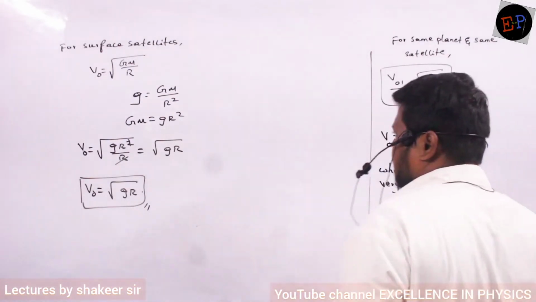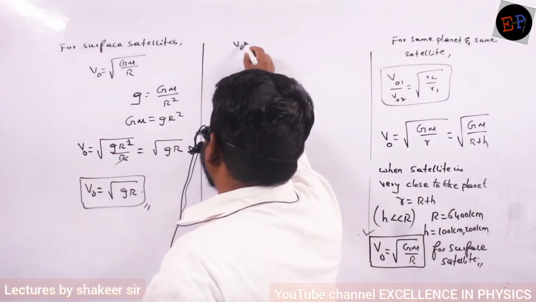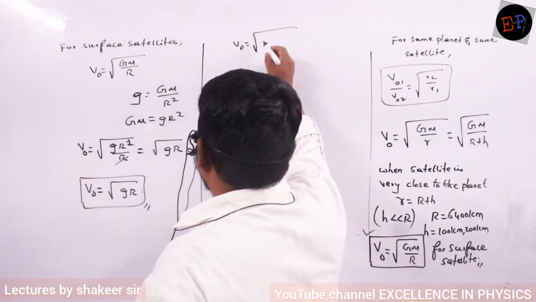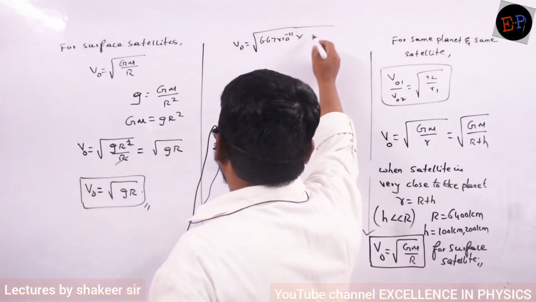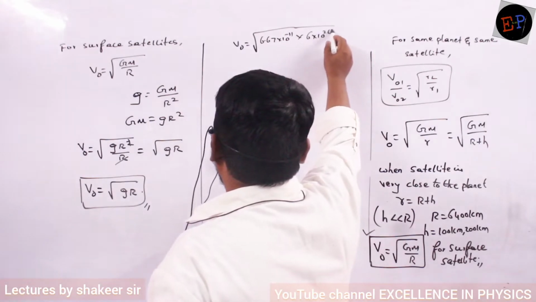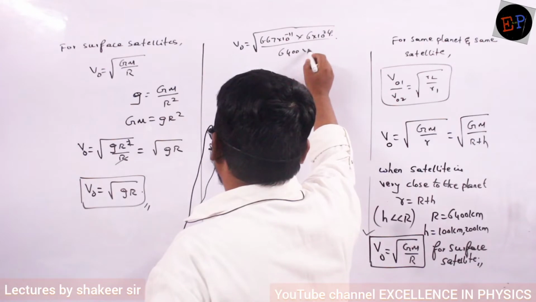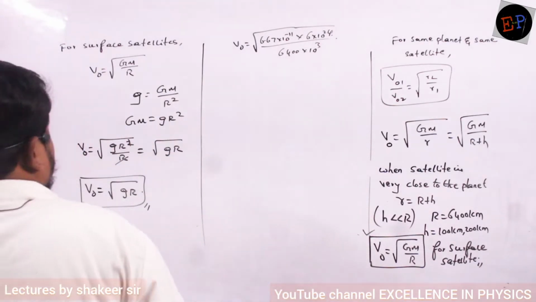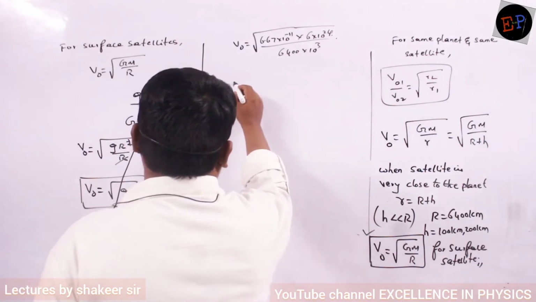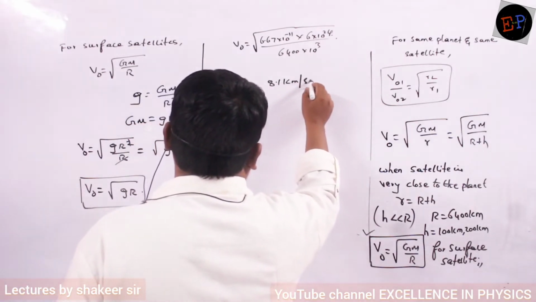For example, if I take a surface satellite, V0 is equal to square root of capital G value 6.67 into 10 power minus 11, mass of Earth 6 into 10 power 24 kg, divided by radius of Earth 6400 into 10 power 3 meters. If I do this calculation, for a surface satellite the speed will be approximately 8.1 kilometers per second.